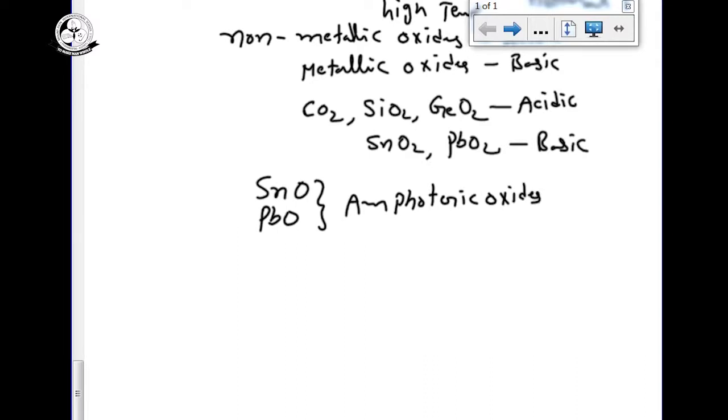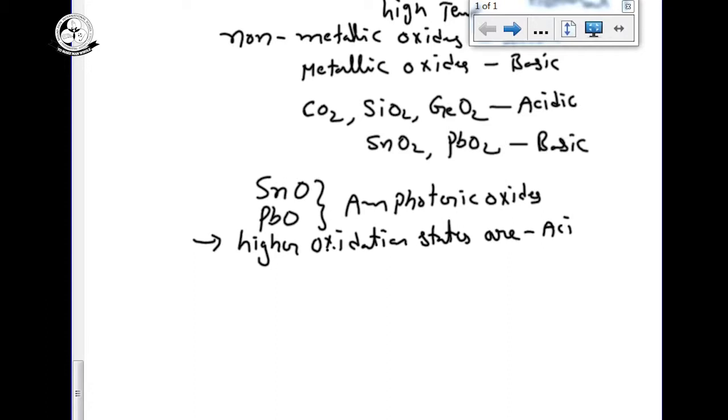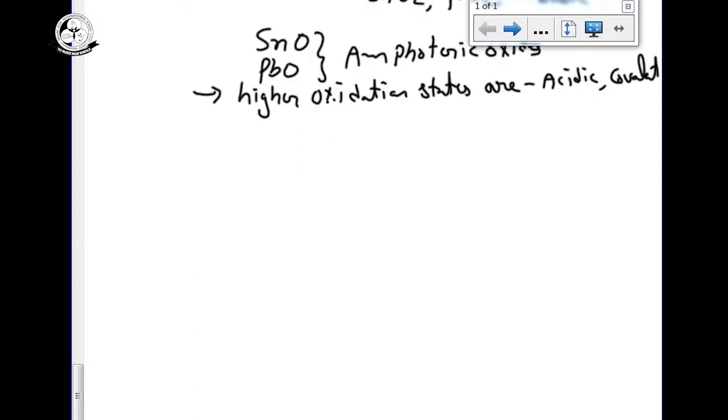Not only this group, in any group we can say higher oxidation states are acidic and covalent also. Any element showing a higher oxidation state is generally acidic and covalent in nature. Vice versa, lower oxidation states show basic or amphoteric nature, which is ionic in nature.